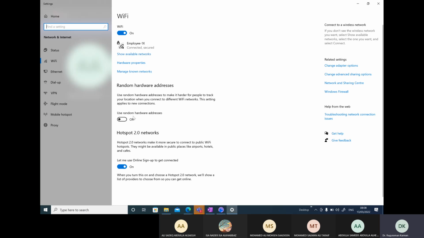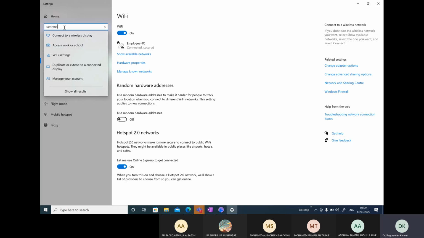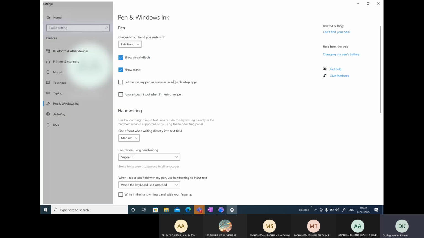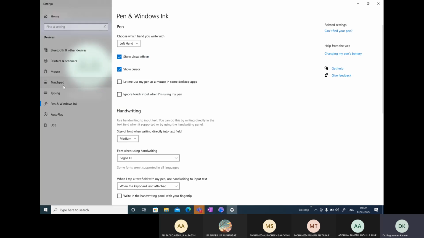So, available networks, not able to see anything. Pen, no results. Touchpad, typing, pen, and Windows Sync.